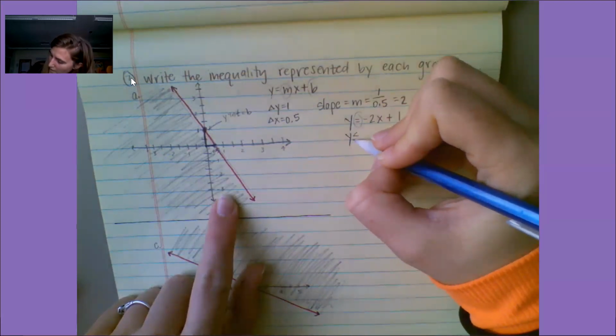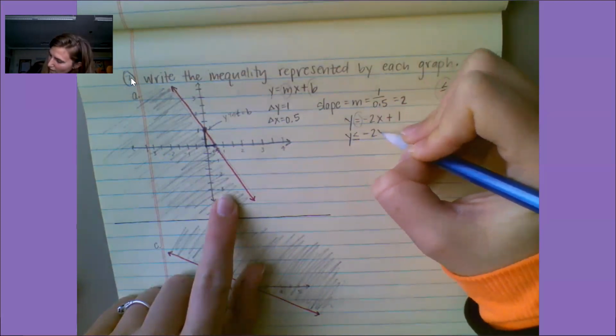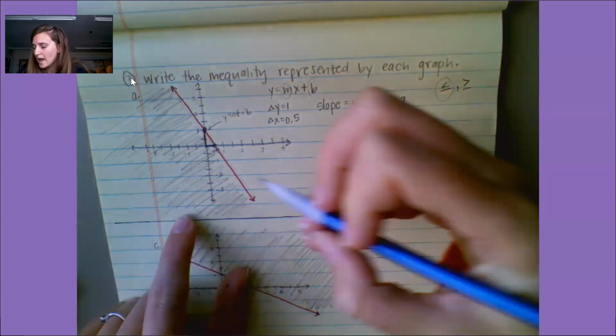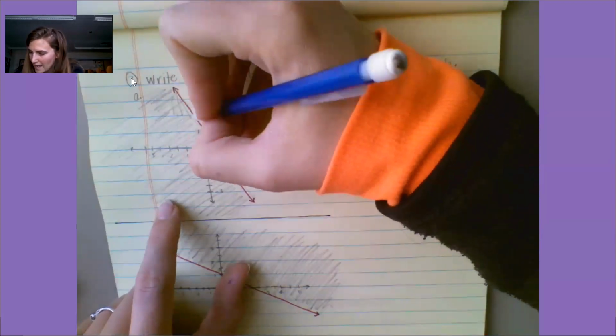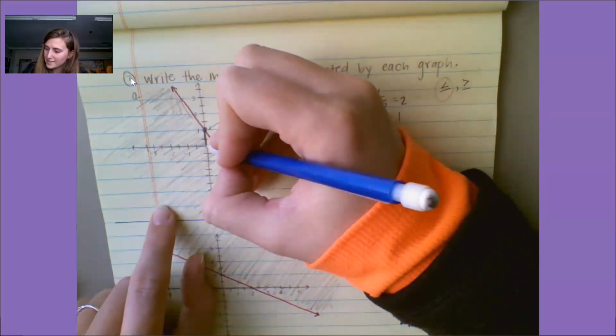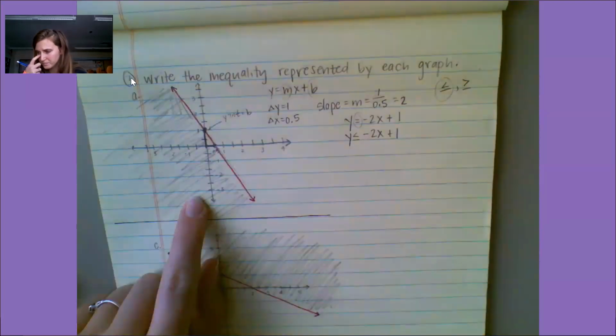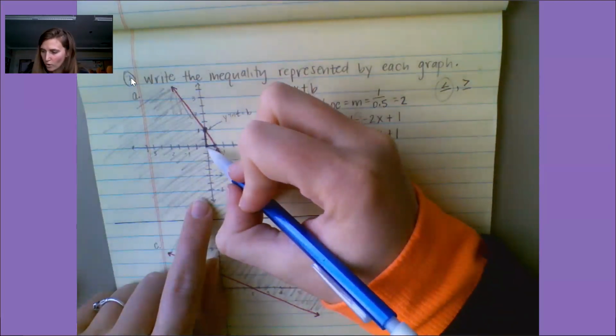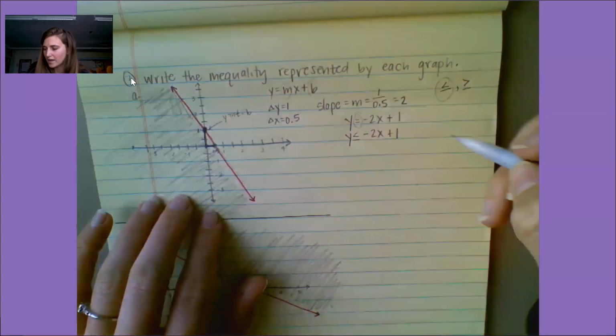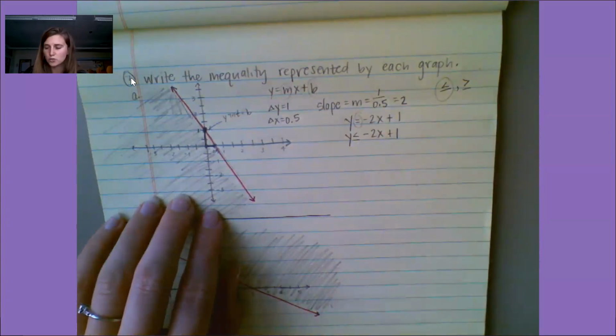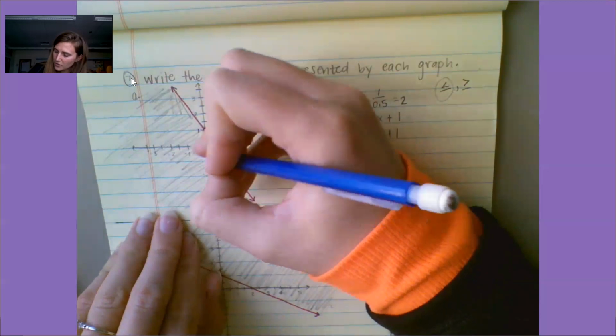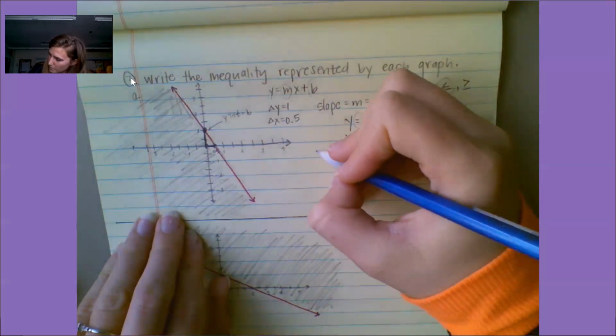Let's try y less than or equal to negative 2x plus 1. And if that's the case, then if I plug in the coordinates from any point on this side of the line, that should make the inequality true. So let's take that 0, 0 point.